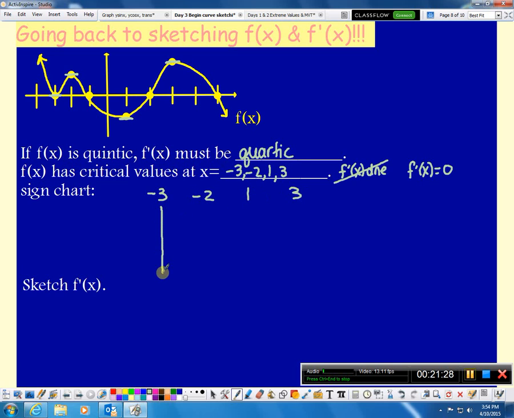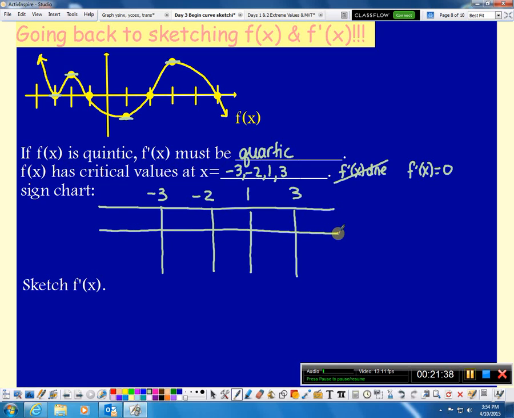So I have f prime of x, f of x. Normally, I get the sign of f prime of x, and then I can figure out whether f of x is increasing or decreasing. Here, I'm going to go the other direction.